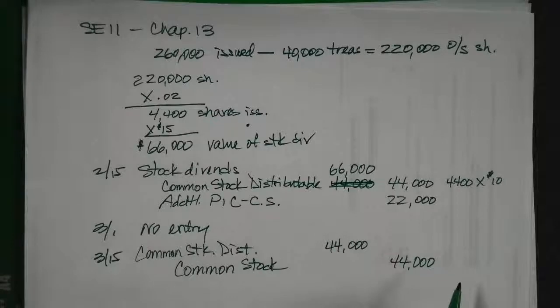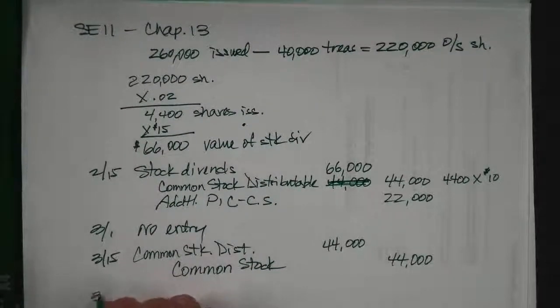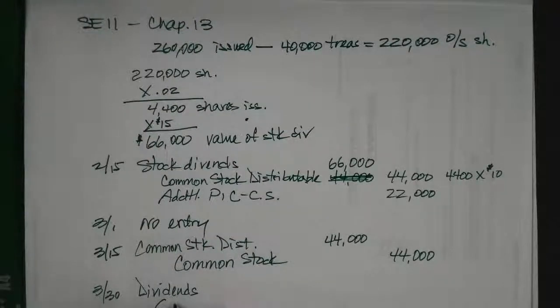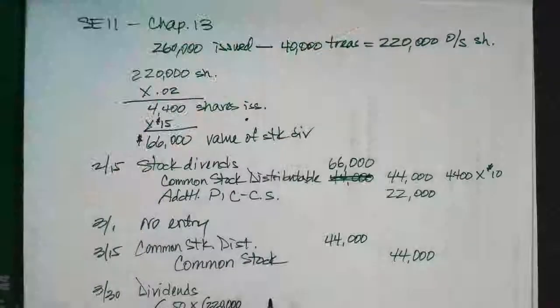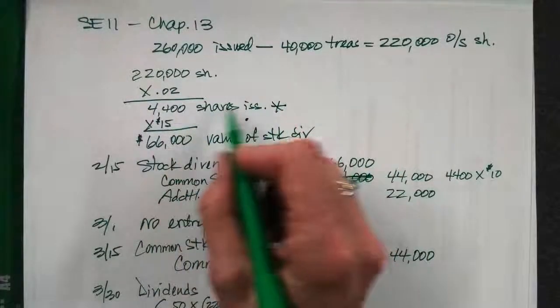Then the problem tells us that on March 30th, we declared a 50 cents per share cash dividend. Well, here's what's interesting. We have more shares outstanding now. So if it's 50 cents a share, it's now 50 cents times 220,000 shares from when we started this problem, plus the 4,400 shares we just issued.